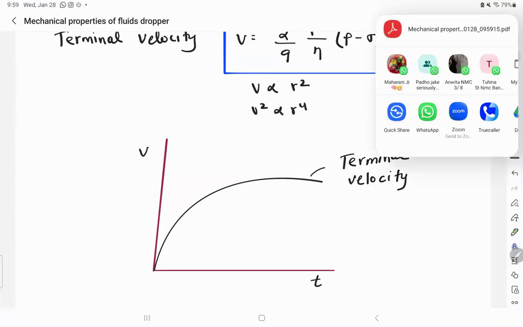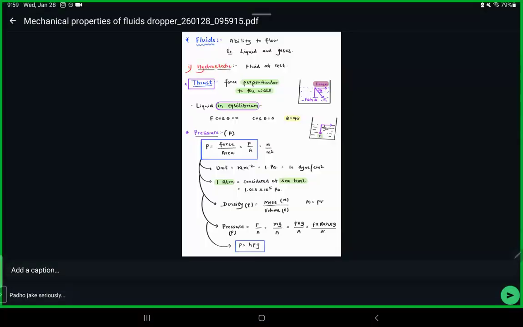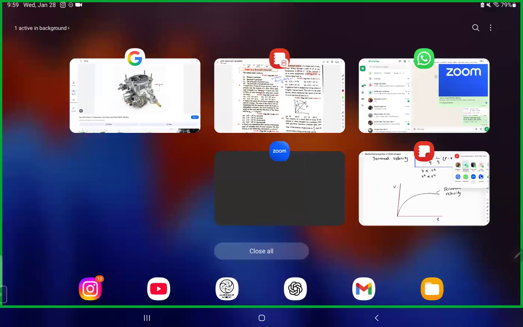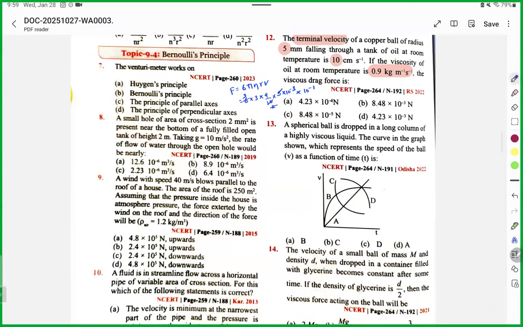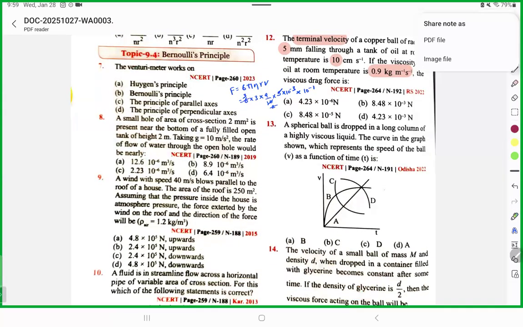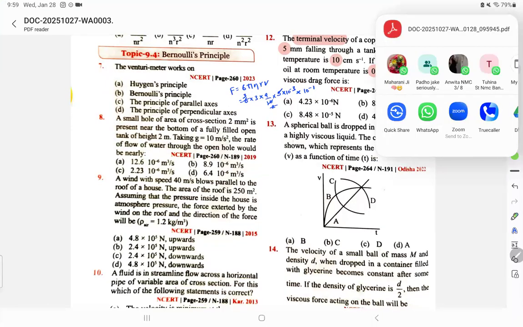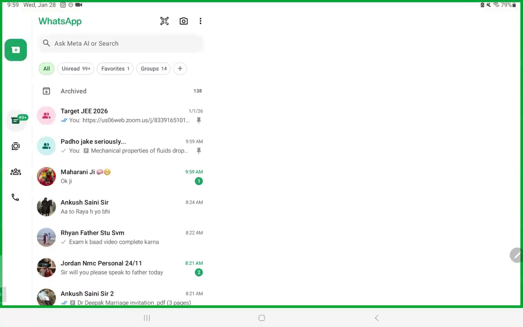I'll take a 15-minute break and I'll finish this, and I will also send this PDF. You have to see all the questions from this topic. We'll discuss all the questions, don't worry. It's just that here we are getting an idea.